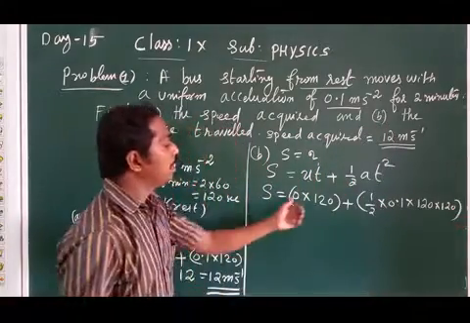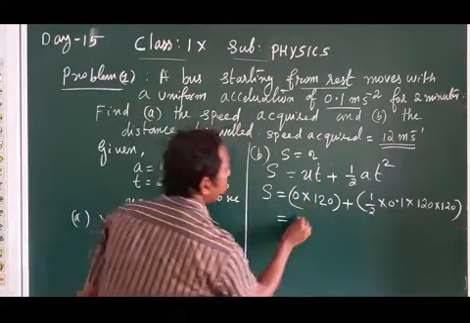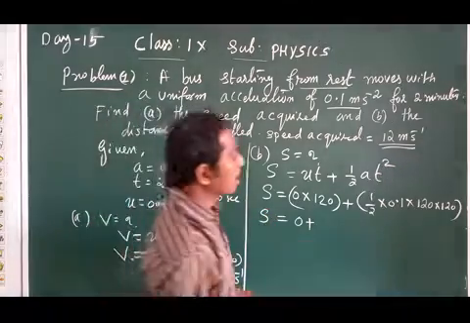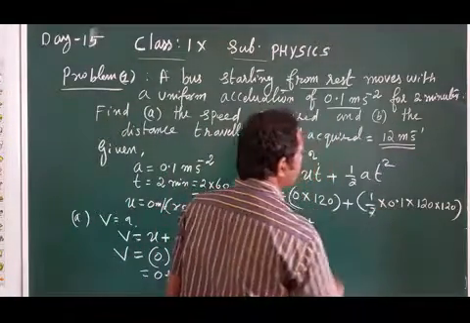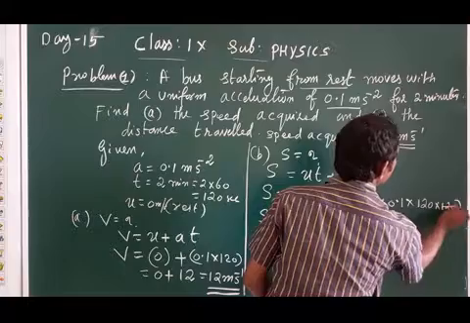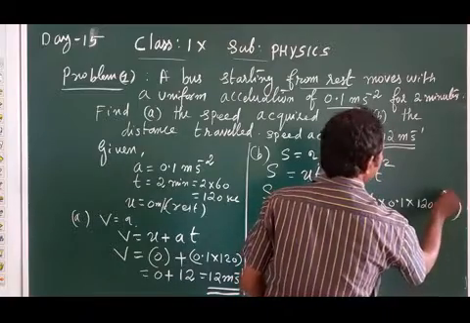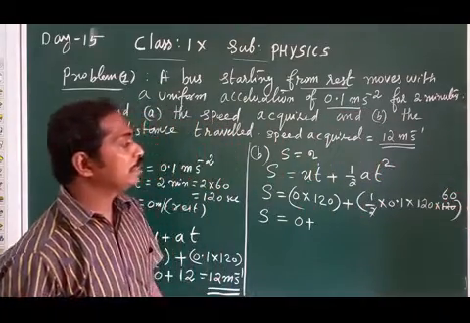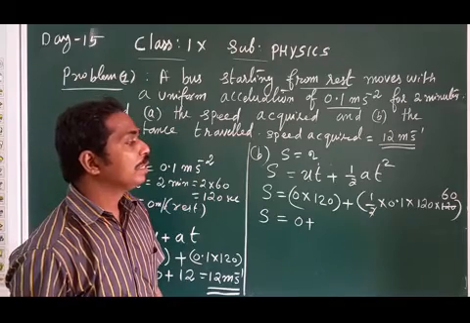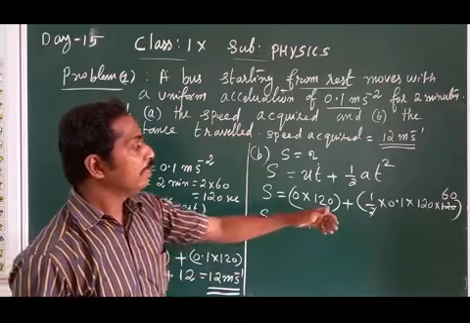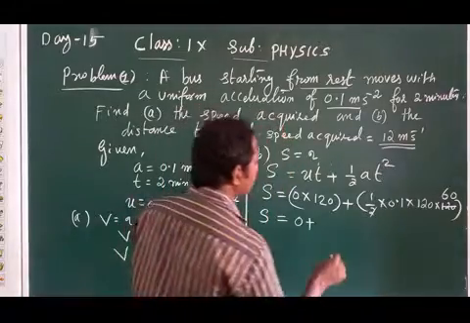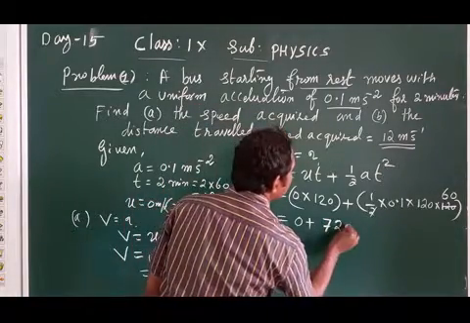Here 2 and 120 we will cancel. We will get 60. So we have 6 into 12, 72. Then this 0 with this point 1 we can cancel.